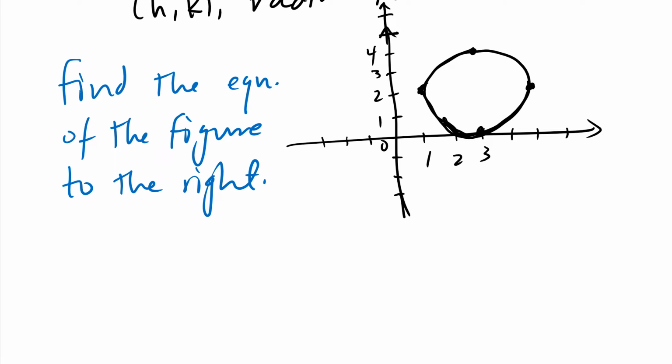Always, you know, this is going to be a circle. To find the equation of a circle, two things are needed. One is the center and two is the radius.